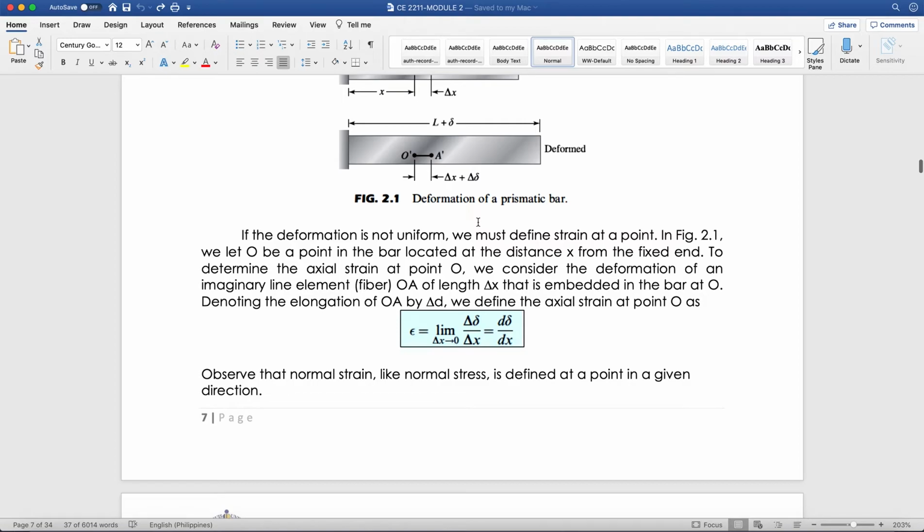And if the deformation is not uniform, we must define the strain at a point.